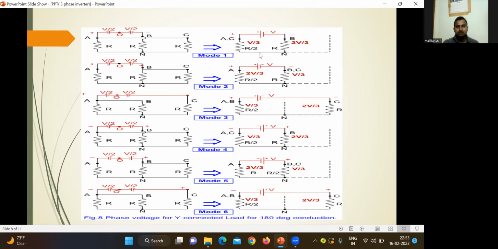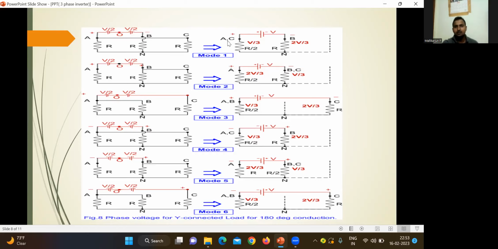After modifying it like this, we get the A and C resistors, and the voltage we got is V by 3. The B phase is the phase voltage across the resistance, and this is also a phase voltage across the resistance.